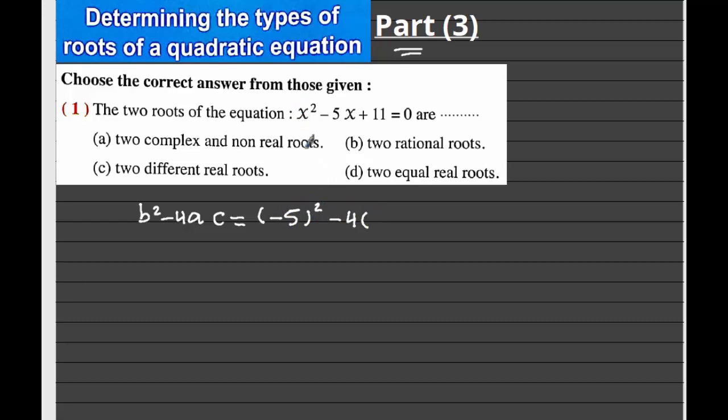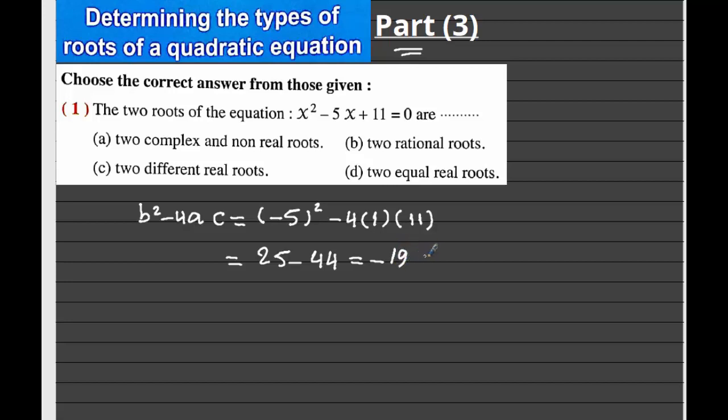The value of a equals 1, the coefficient of x squared, multiply c, which equals 11. Equals negative 5 all power 2, it is 25 minus 4 multiply 1 multiply 11, which is 44. And the result equals negative 19.